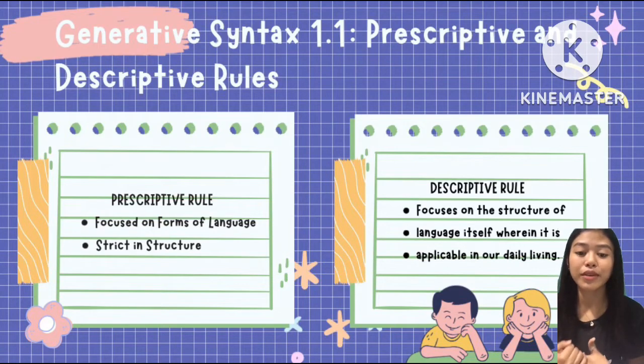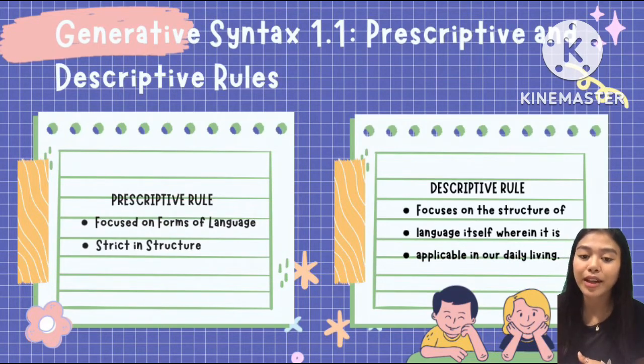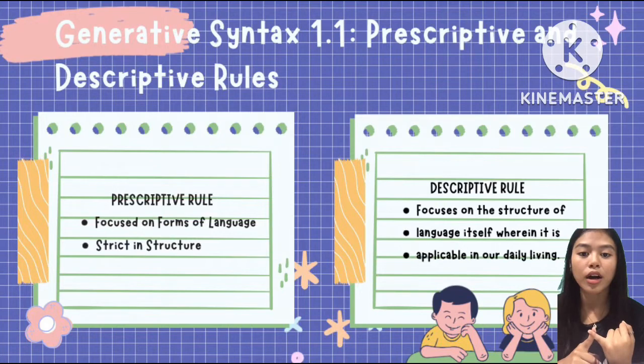Prescriptive rule is very strict in structure, identifying whether the form or structure of your language is correct or not. It specifies how language and grammar should be used, like don't split infinitives, or don't end a sentence with a preposition.